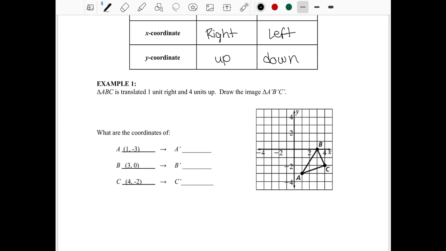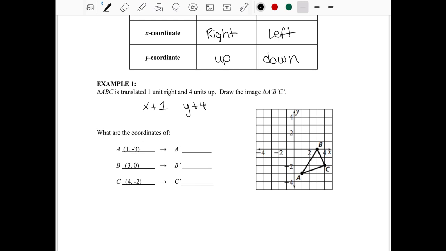If we have to go to the right, that means we're going to take our x coordinate and increase it, which means add 1 unit to it. And it says we're going to go 4 units up. We said up was also add, so we're going to take the y coordinate and increase that by 4 units.